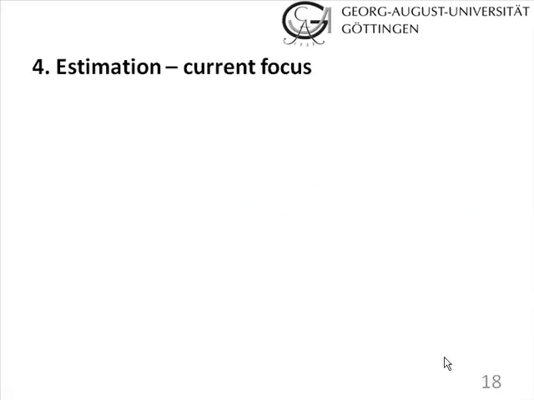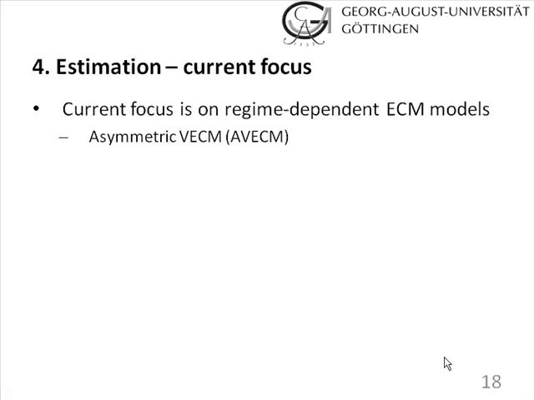So what's the current focus of work in price transmission analysis based on this fundamental model, the vector error correction model? Well, most of the work that's being done now is using this basic model and modifying it so that we can look at regime-dependent price transmission, like I said before, for example, with and without trade policy, and so on. So we have the asymmetric vector error correction model.